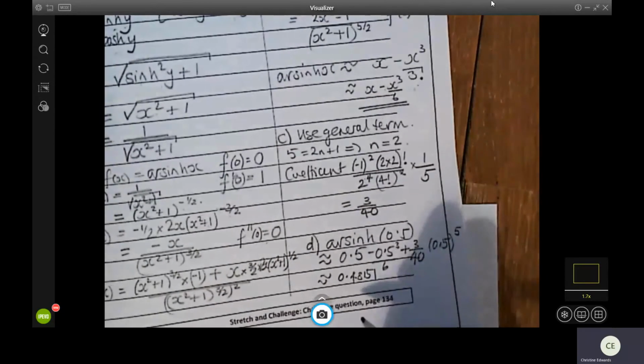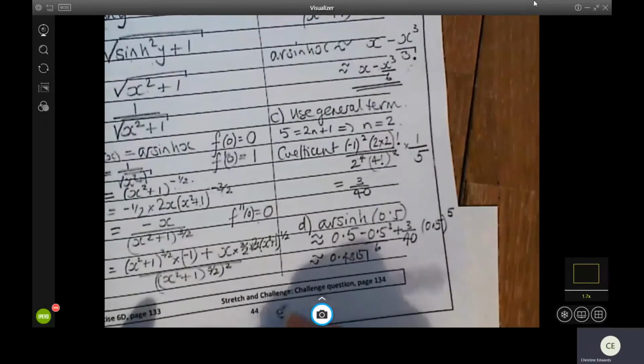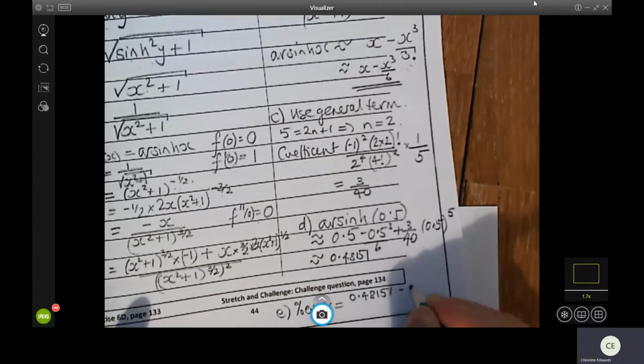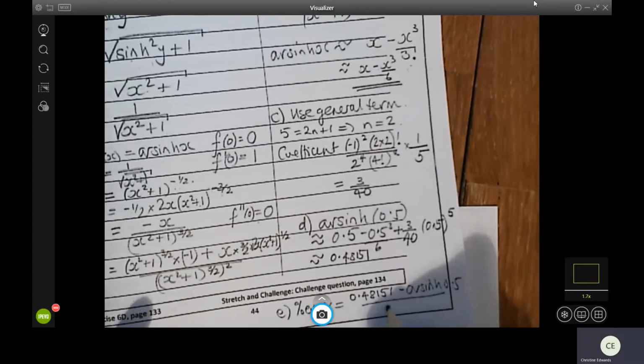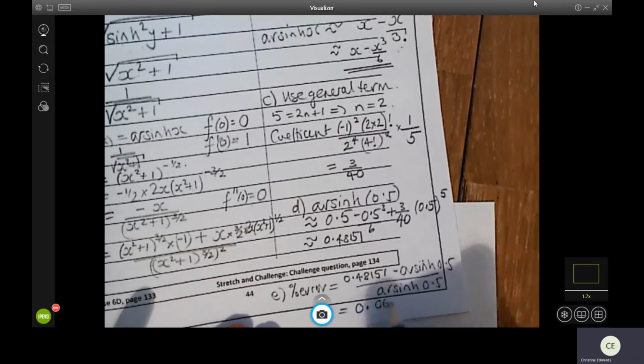And then last but not least, part E, the percentage error for the approximation. Part E, we will have our approximation minus the actual 0.5 divided by the actual. That gives us a percentage of 0.062%.